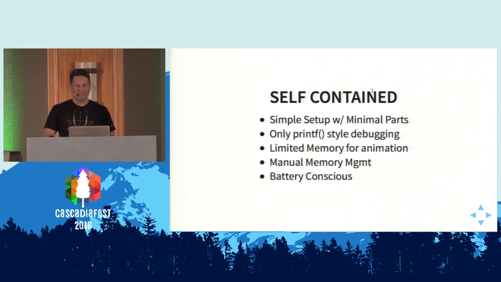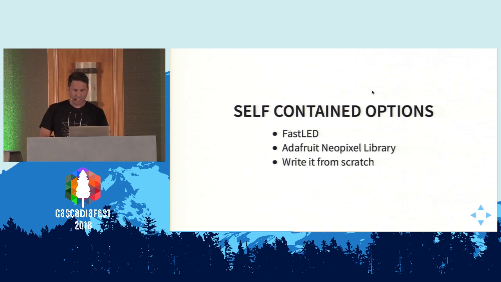A lot of times on embedded systems, though, you just allocate all the memory up front and don't worry about memory. But the good thing is, with self-contained, if it's battery powered, you can actually do things like shut down the processor whenever you're not updating the LEDs to save power, which is actually kind of nice. And there's a few different options for self-contained for programming against the LEDs. FastLED is probably the most widely used library.